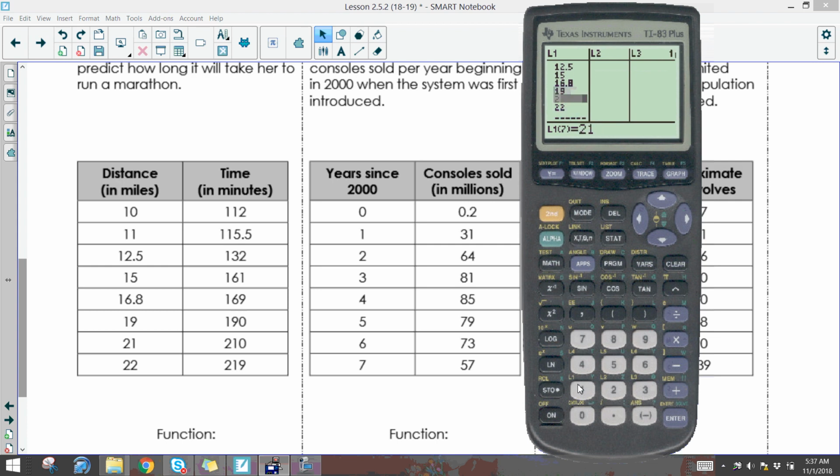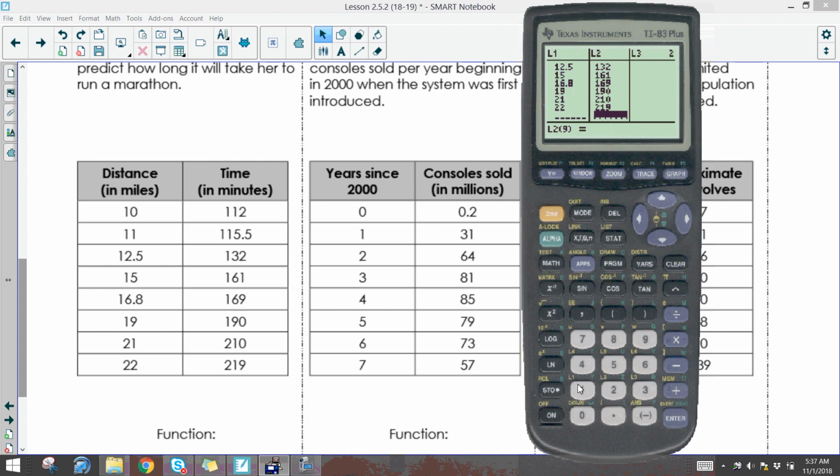I always double check those to make sure that they actually match, because one little decimal screws up all of your data, which I'm sure you guys remember from last year. Then 112, 115.5, 132, 161, 169, 190, 210, and 219.